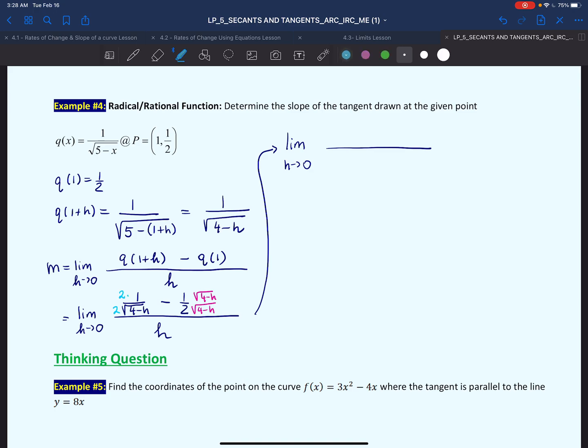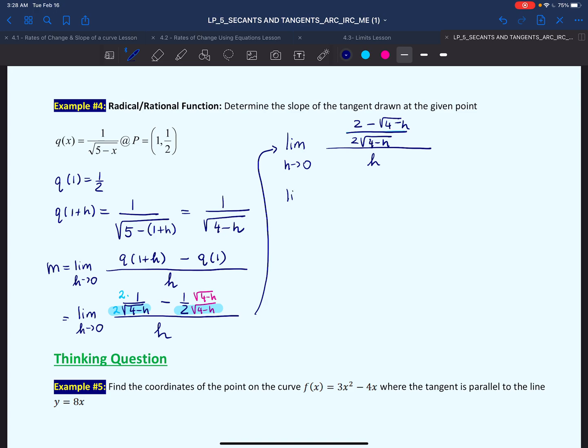So the common denominator will be 2 root 4 minus h. The numerator would be 2 minus the square root of 4 minus h, and that would be over h.